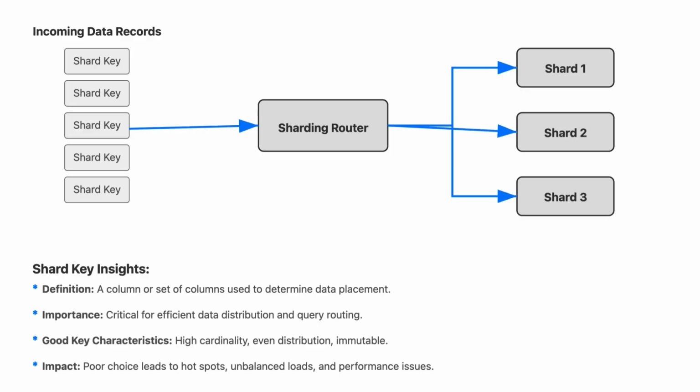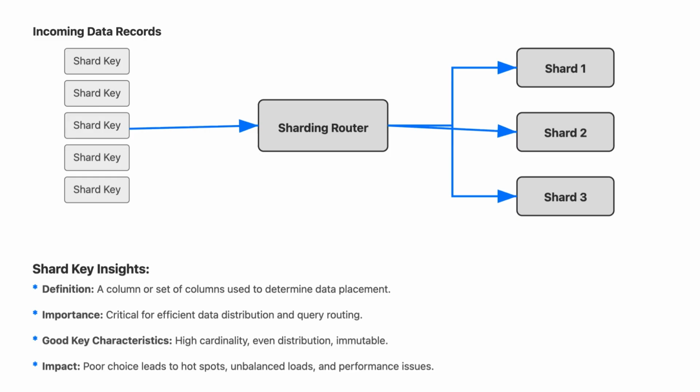Think of it like a postal code for your data, directing it to its correct address, its specific database shard. Its importance cannot be overstated. The shard key is critical for both efficient data distribution across your entire sharded cluster and for ensuring that incoming queries are routed to the correct shard quickly. Without a well-chosen shard key, the significant benefits of sharding can be severely undermined.